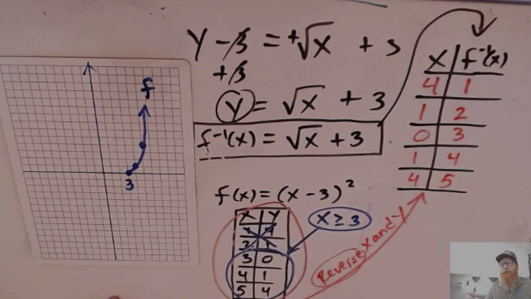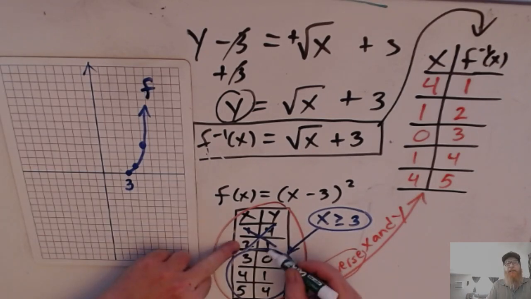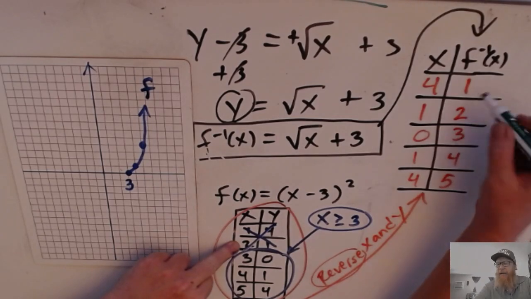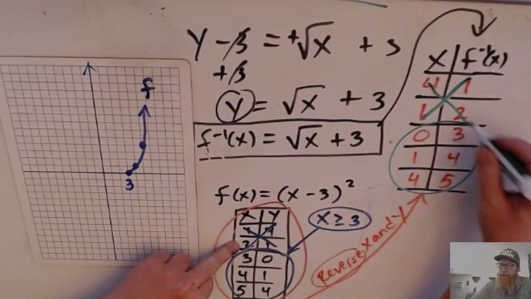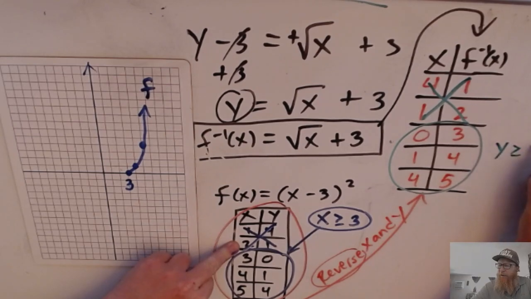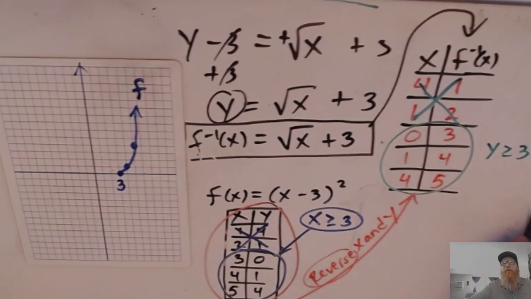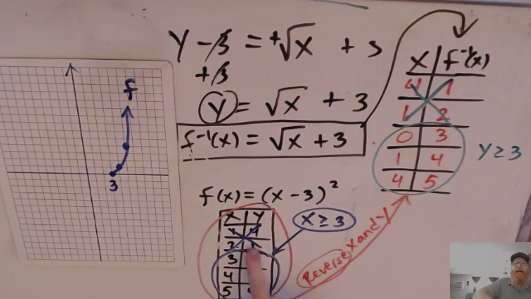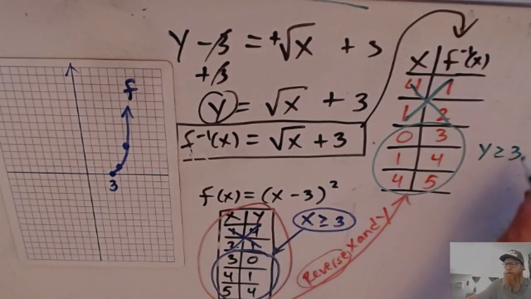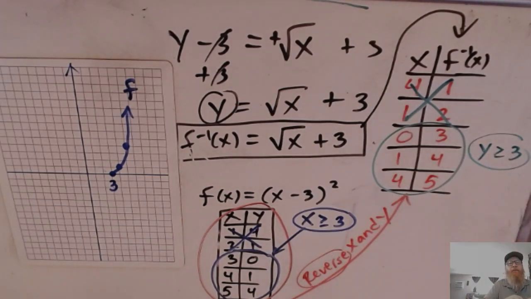You could just use the letter f for the original function. All right. Well, since we deleted all of the x's that were less than 3, over here, we have to delete all the y's that are less than 3, because for the inverse function, the y's have to be greater than 3. Keep in mind, the x's for your original are the same as the y's for your inverse.